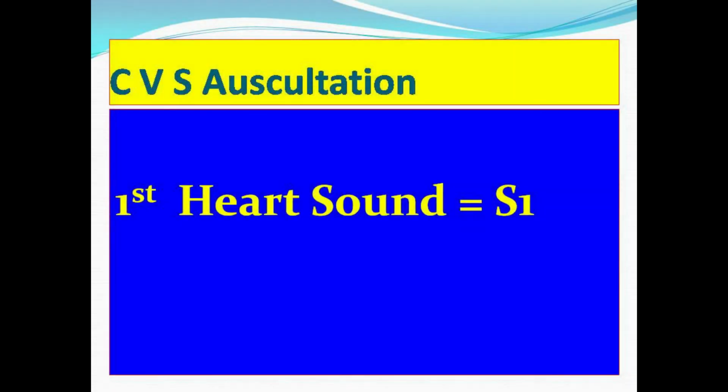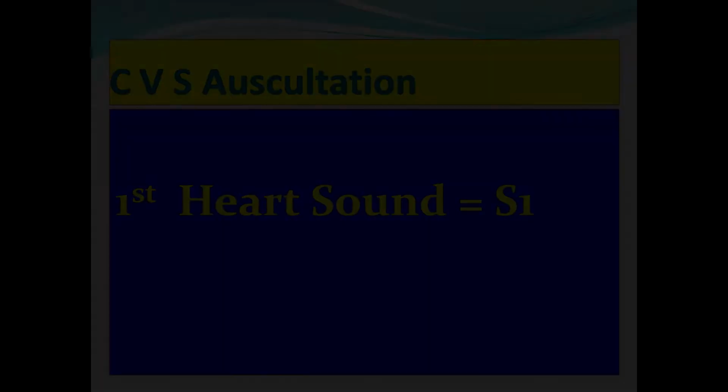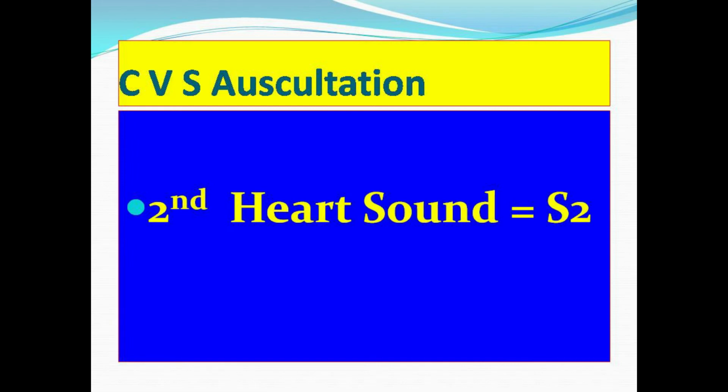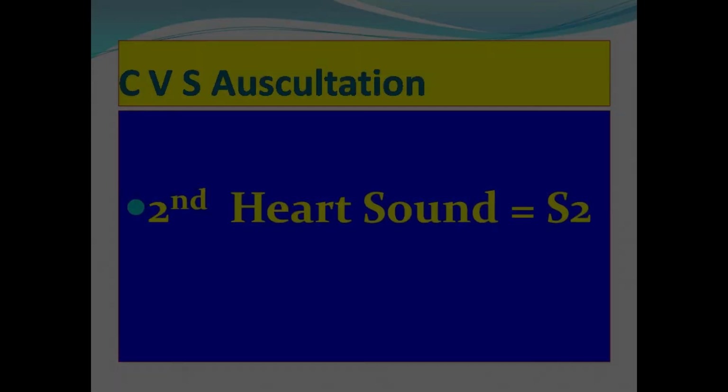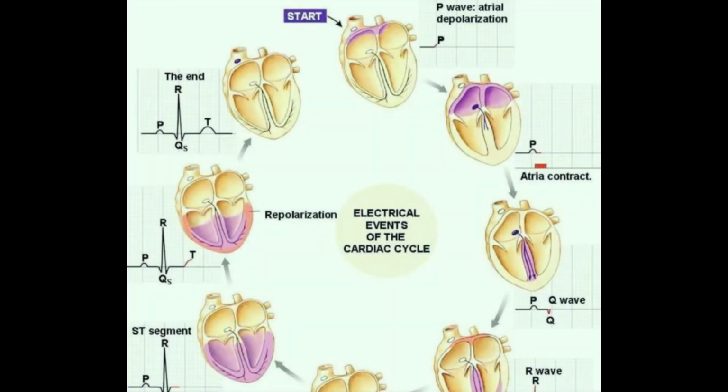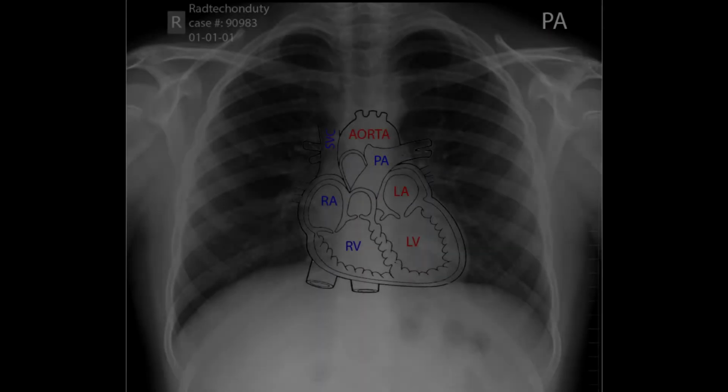Regarding the heart sounds, as you know, the first heart sound is because of the closure of the mitral and tricuspid valves. Likewise, the closure of the aortic and pulmonary valves is the second heart sound. The first heart sound is otherwise known as S1 and the second heart sound S2. S1 usually corresponds to the start of systole, and S2 usually corresponds to the start of diastole.